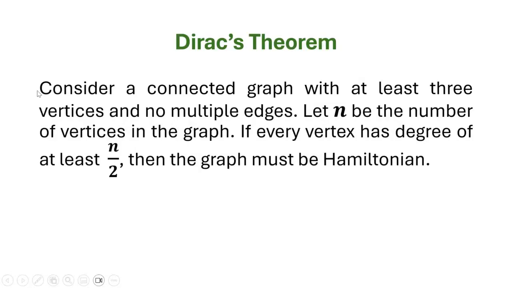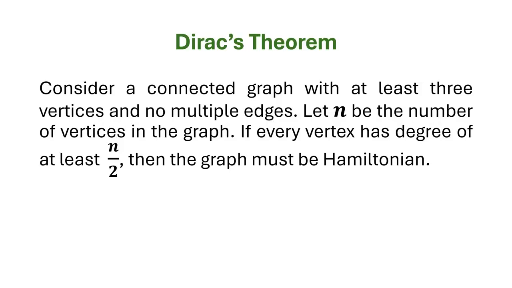And his result: if you have a connected graph that has at least 3 vertices with no multiple edges, remember that multiple edges are those that connect the same vertices, so you can have 1, 2, 3 different edges that connect exactly the same vertices. Let n be the number of vertices.